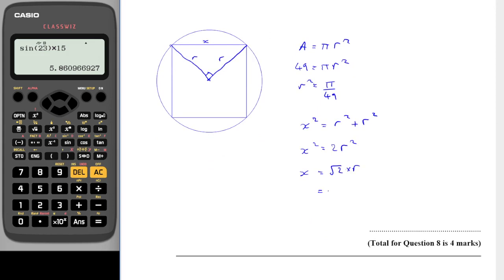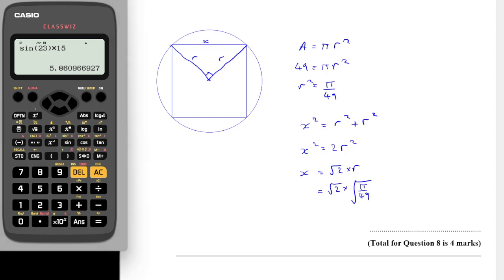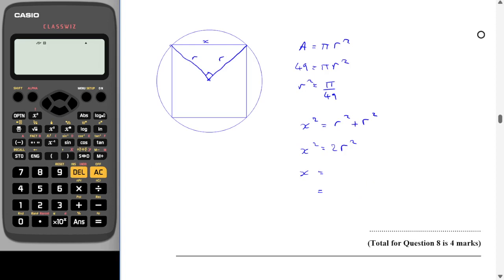So I can substitute in at this point, really. I left it as r squared there because I thought I'd be using r squared, but I've just gone past it. So pi over 49. Actually, what I'm going to do is say r squared, x squared is going to be equal to 2 times pi over 49.